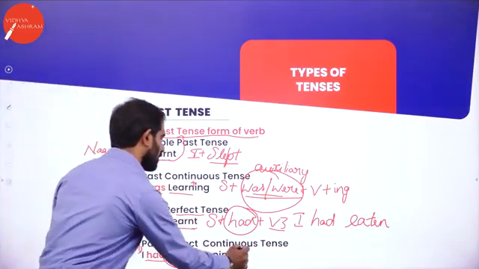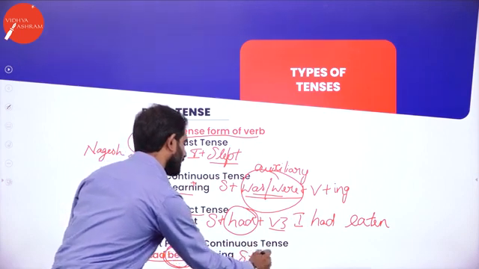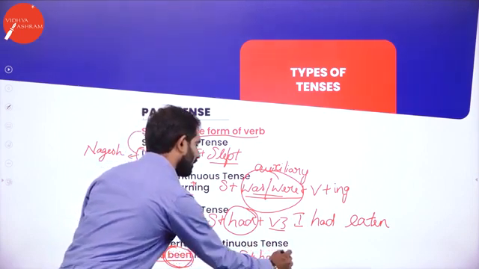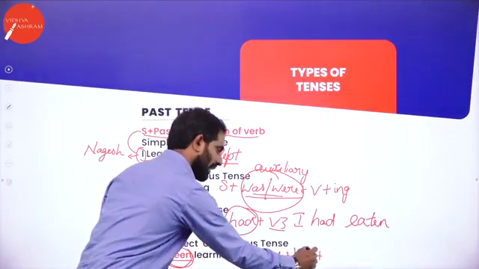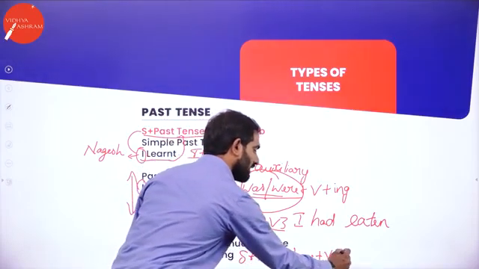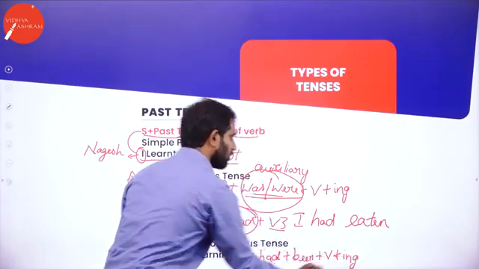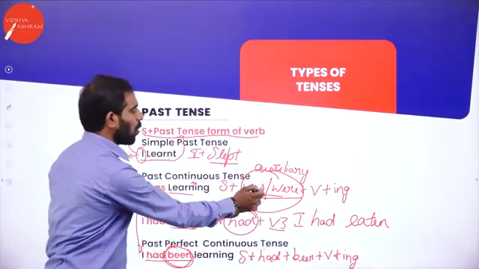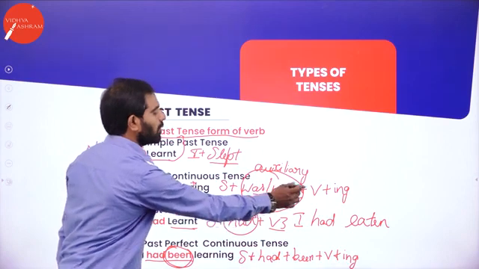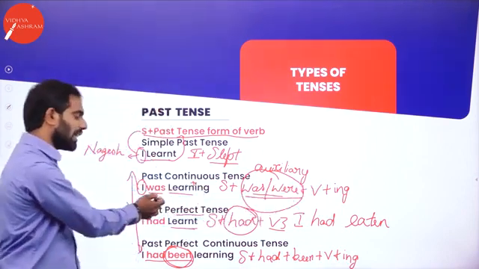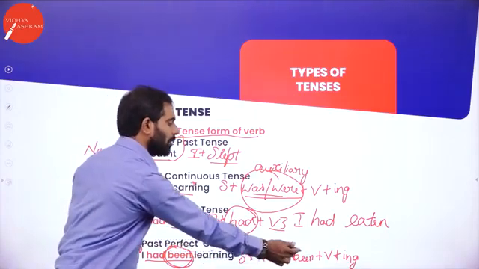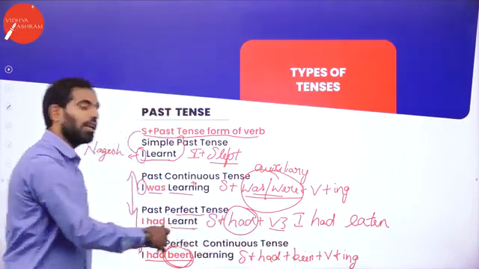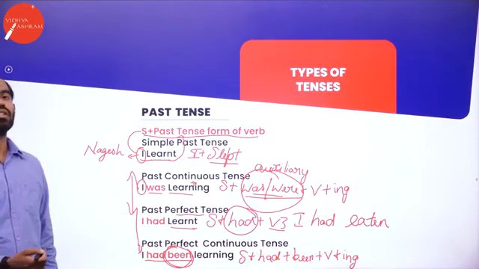So this becomes subject plus had plus been plus verb plus ing. You need to know this. Subject plus was or were plus verb plus ing becomes continuous. Subject plus had plus been plus verb plus ing becomes perfect continuous tense.